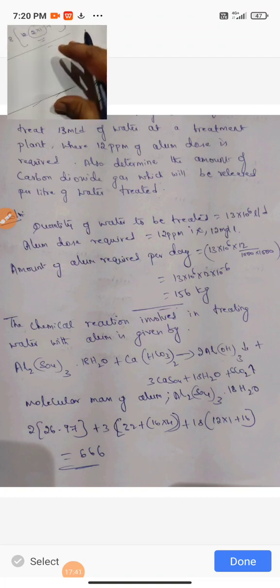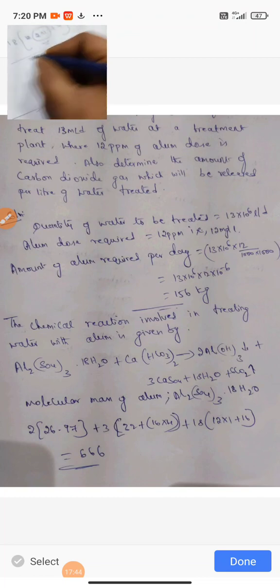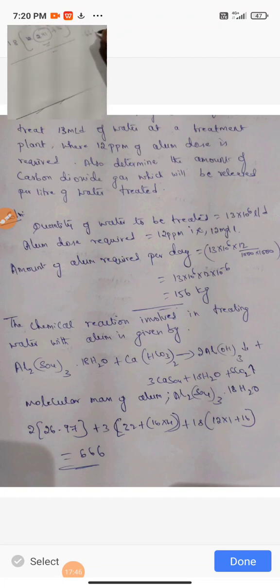So this will give the value. What is it? 666. This will give the molecular mass, that is 666.